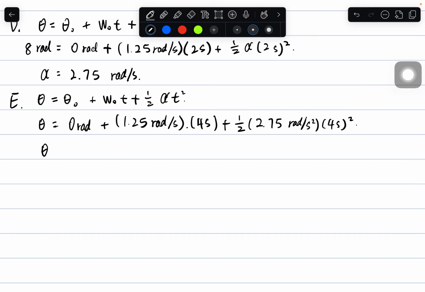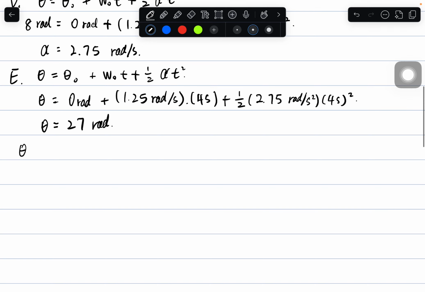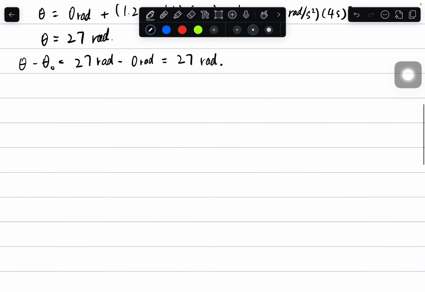And so θ equals 27 rad. They ask for the difference of the angle, so it's 27 rad minus the initial angle, which is 0 rad, so we have 27 rad.